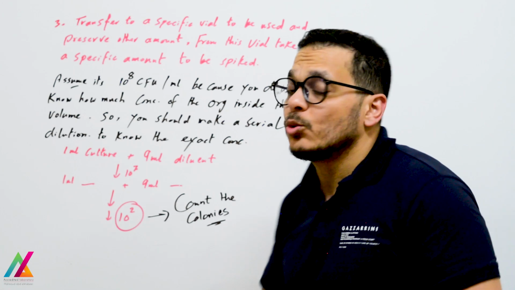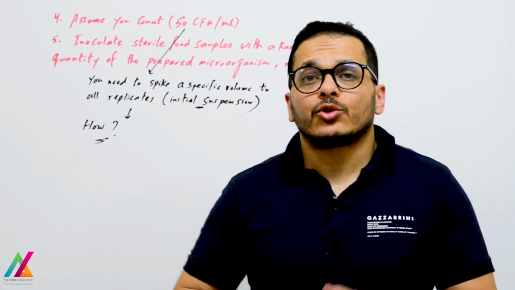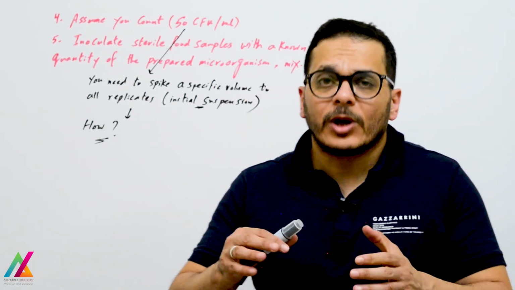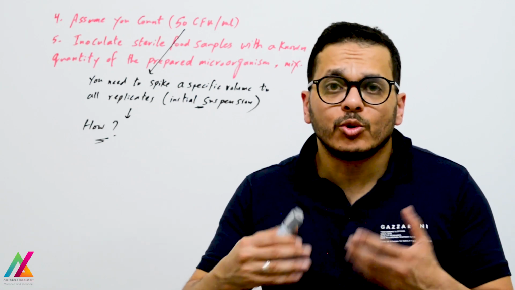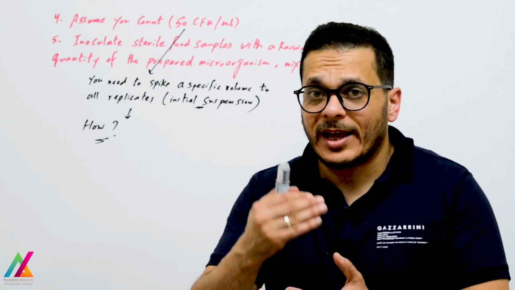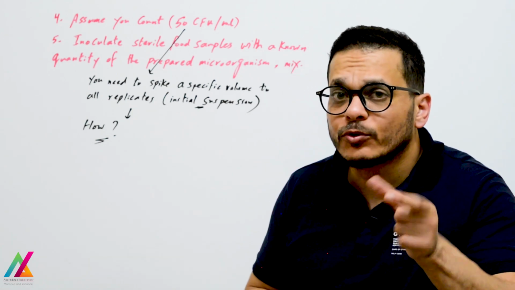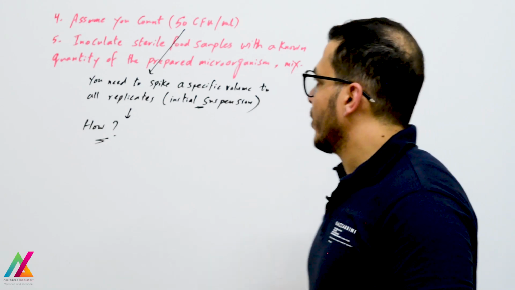In this case you will count the colonies. After serial dilution, you reach about 200 colonies, or as you assume, but you cannot go for 1000 colonies because you cannot count that. Suppose after you count the colonies, instead of 200 colonies, you found only 50 CFU per gram or ml.